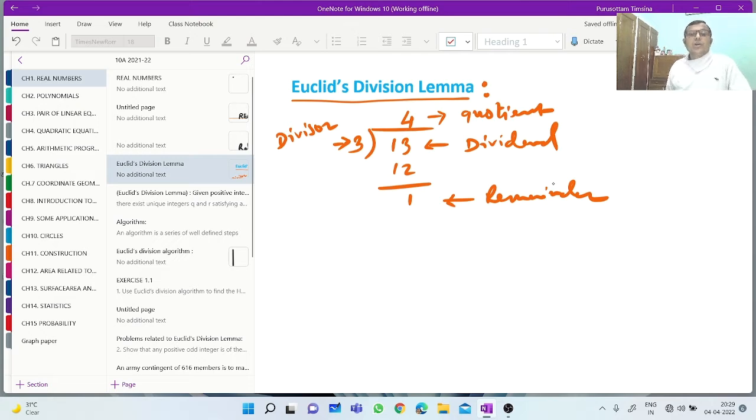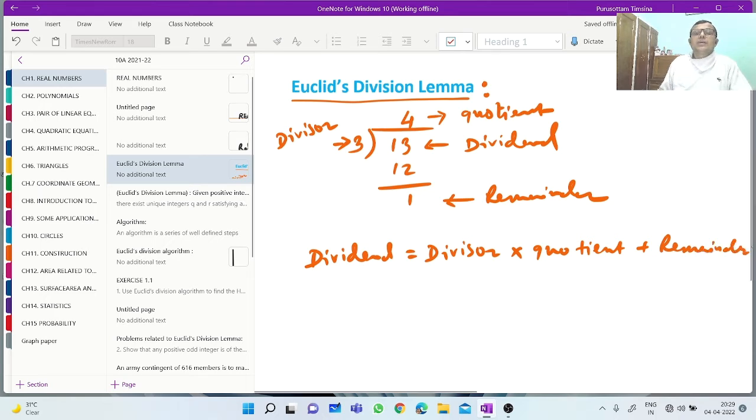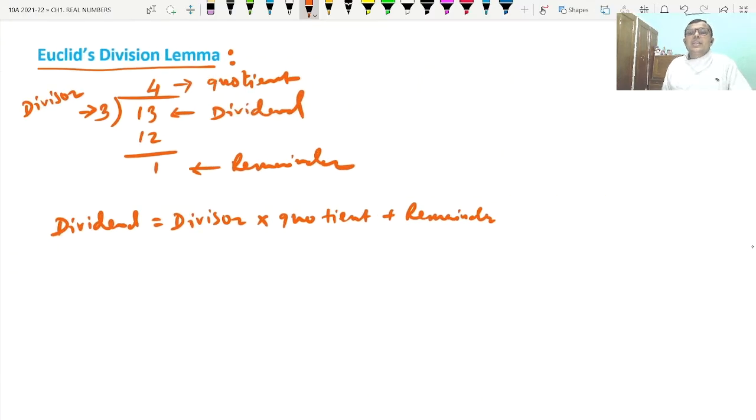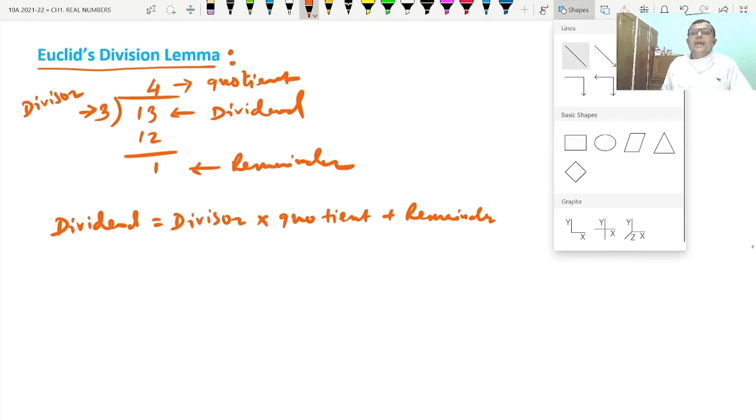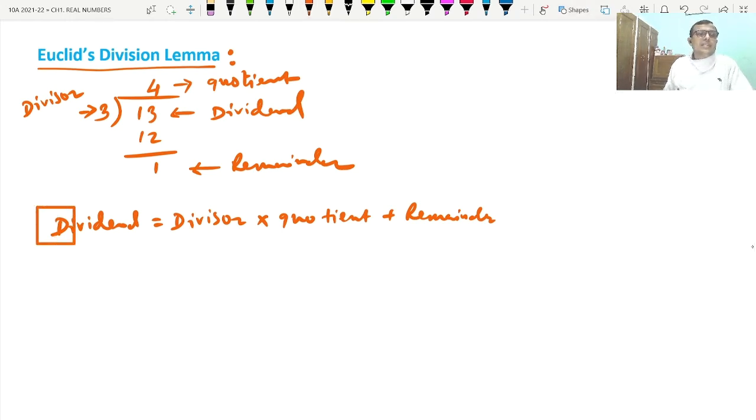In lower classes we learned that dividend is equal to divisor into quotient plus remainder. Did we get this? In class 4 itself we got this, right?